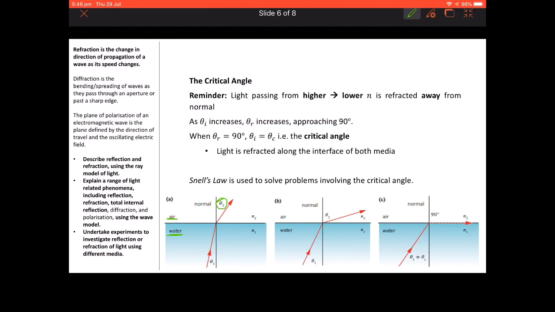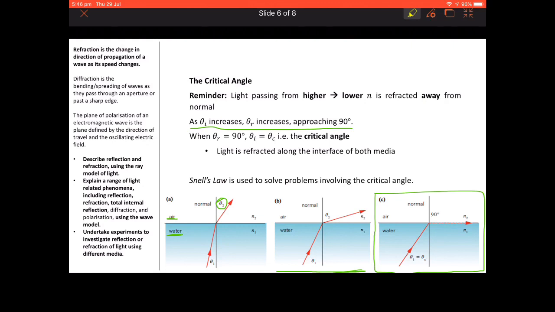So the angle of refraction is going to be bigger than the angle of incidence. As the angle of incidence increases, the angle of refraction increases, and eventually you get to a situation where the angle of refraction is equal to 90 degrees, and this is called the critical angle, and essentially light is refracted along the interface between both media.